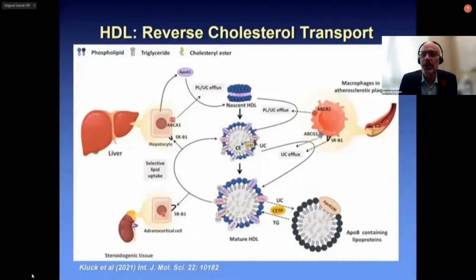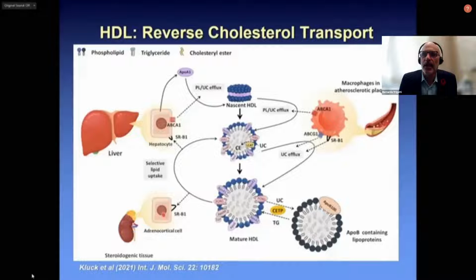Now, spherical HDL can continue to stimulate the efflux of unesterified cholesterol from cells, including macrophage foam cells, and this happens through the receptors ATP binding cassette transporter G1 and the scavenger receptor class B type 1.